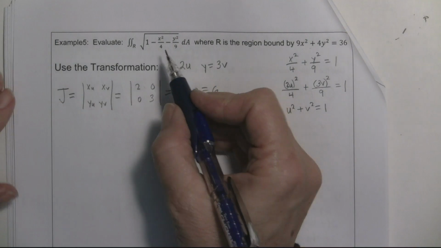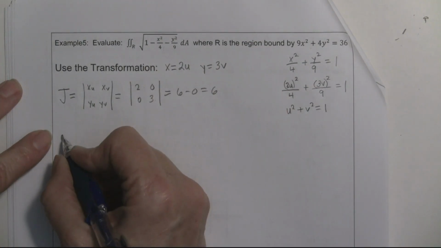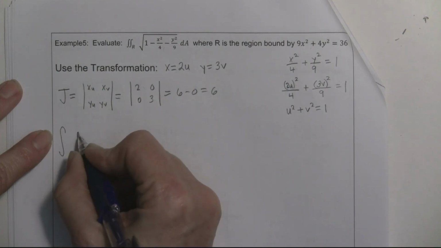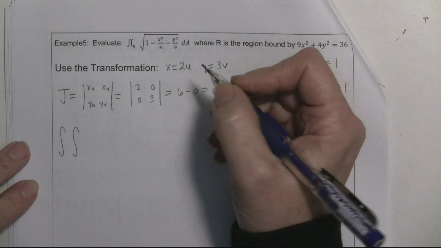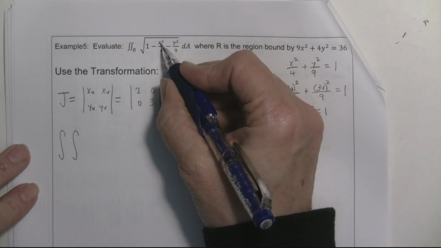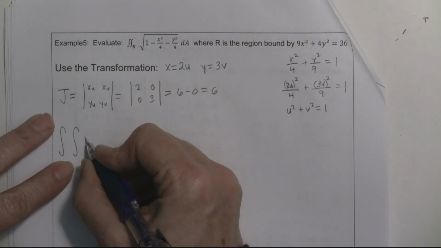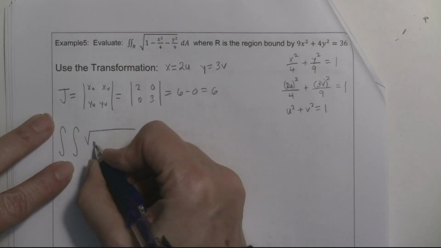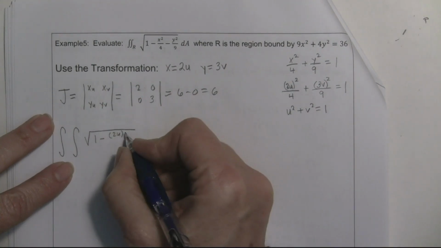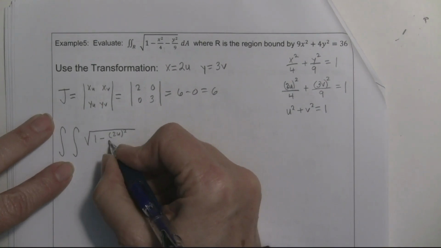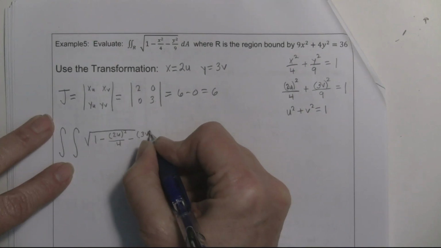Okay, so I'm going to take this integral right here. I'm not going to write that integral out just to save a little bit of work room, but it's a double integral, and right here for x, I'm going to put 2u, and so this is the square root of 1 minus 2u squared over 4 minus 3v, all over 9.